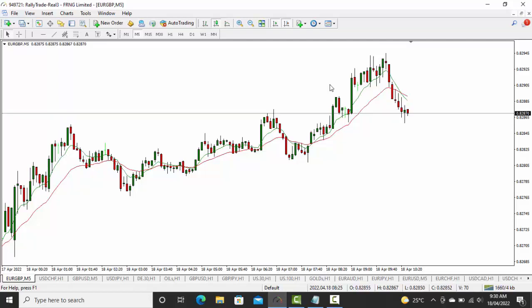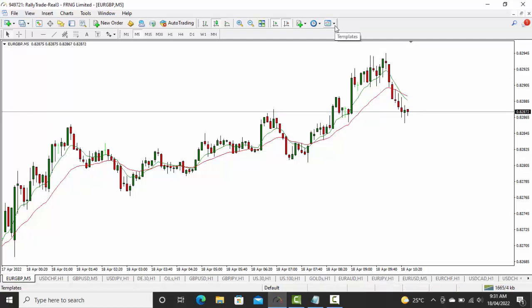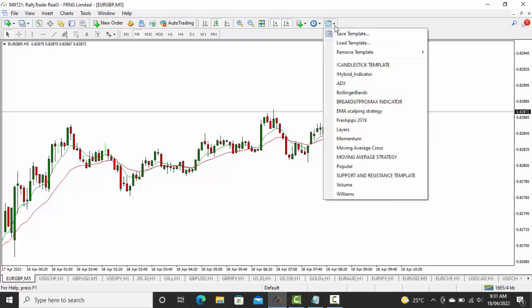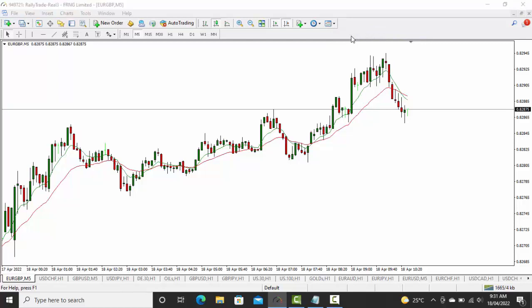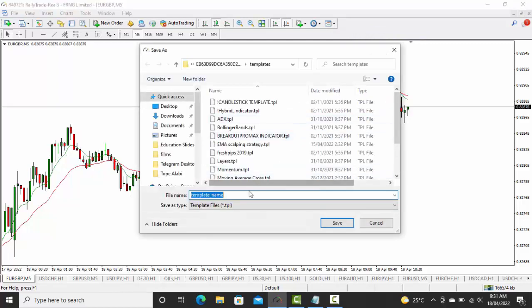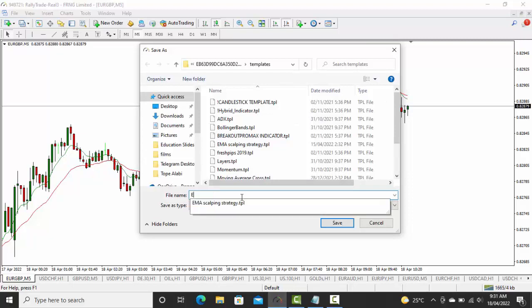So how do I save the moving averages or this setup that I have on my chart? I go to templates, so I click template and I move to save template. For example, I want to save this template as EMA scalping strategy.